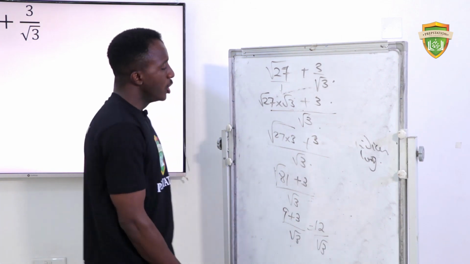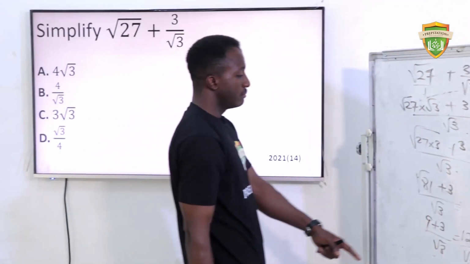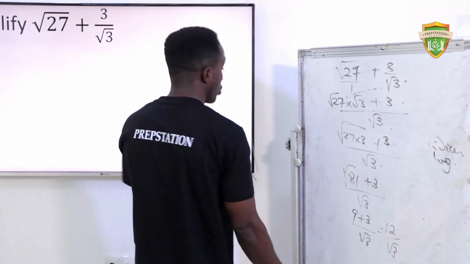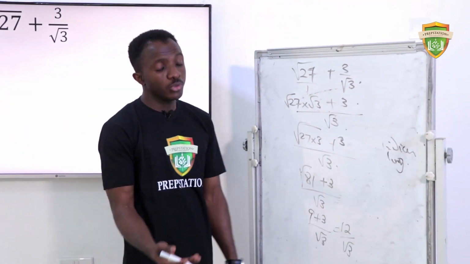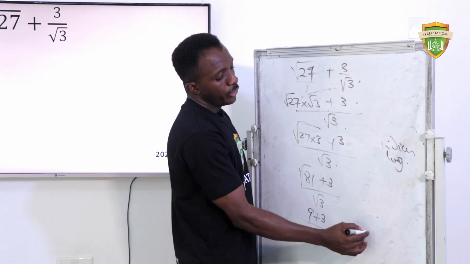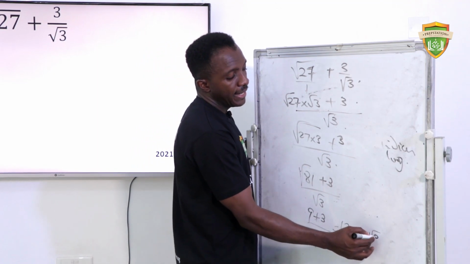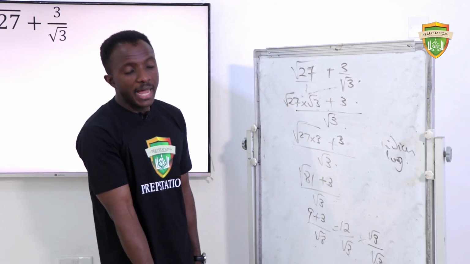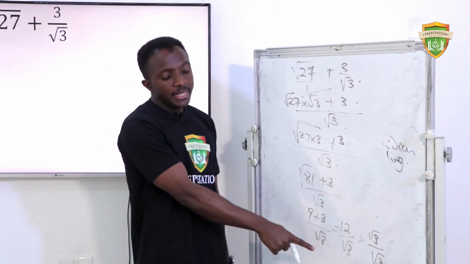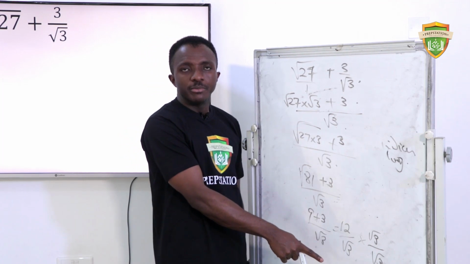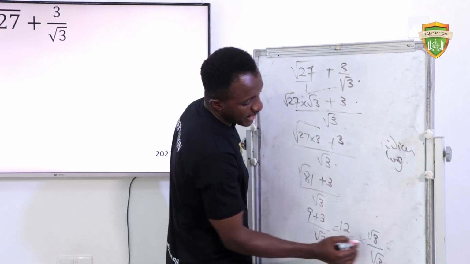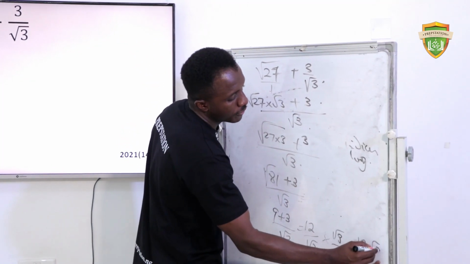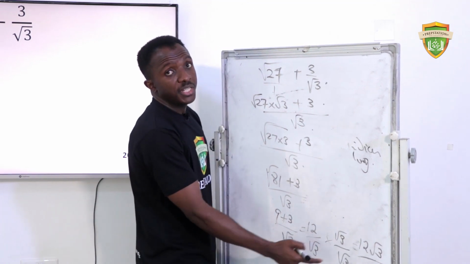Now, most times you do not leave your answer in surds. You don't leave the denominator as a surd most times. It's advisable to multiply both numerator and denominator by that surd at the denominator. So if we multiply, we get 12 times root 3, which is 12 root 3 over root 3 times root 3.